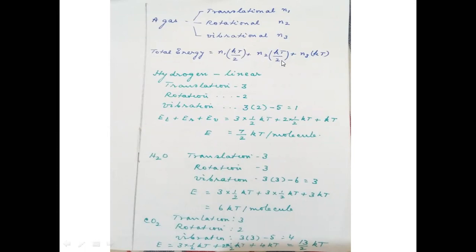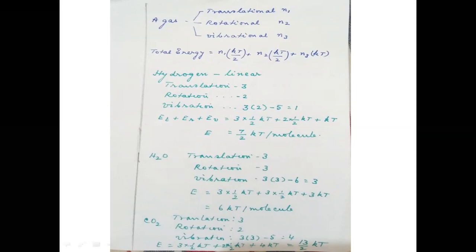N2 into half kT, this is for the rotational energy. N3 into kT, because each vibrational mode has a kT contribution, whereas the others have half kT. Why kT? Each mode in turn has two contributions, namely potential energy and kinetic energy.